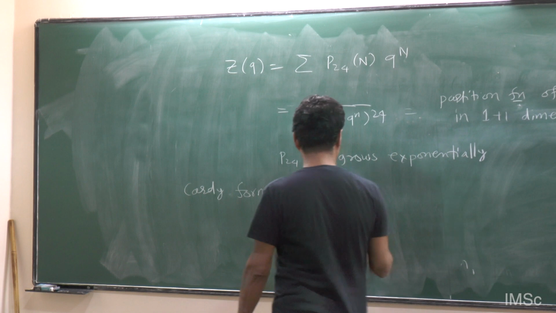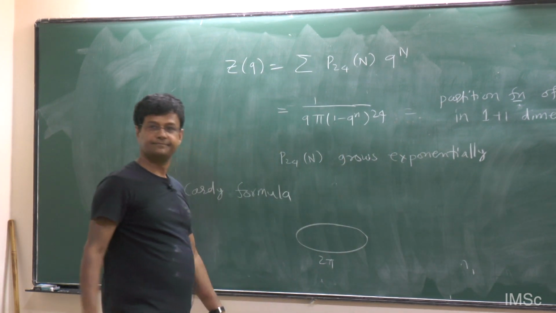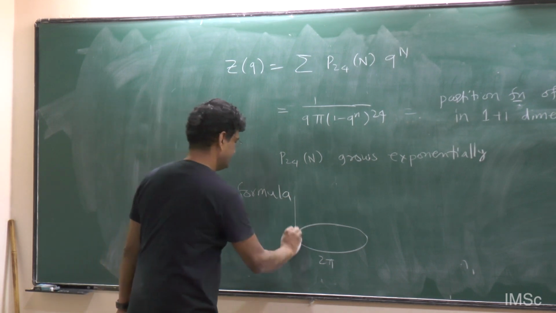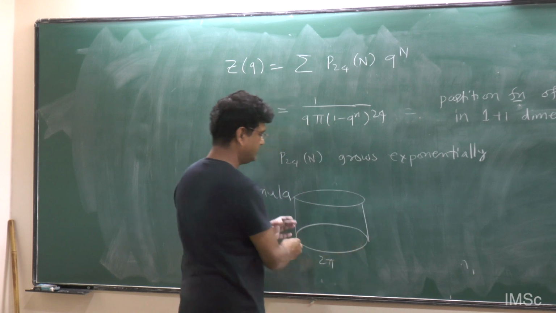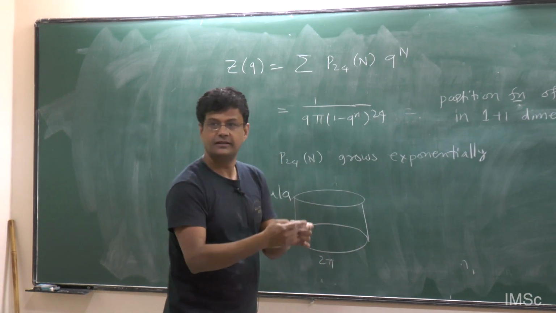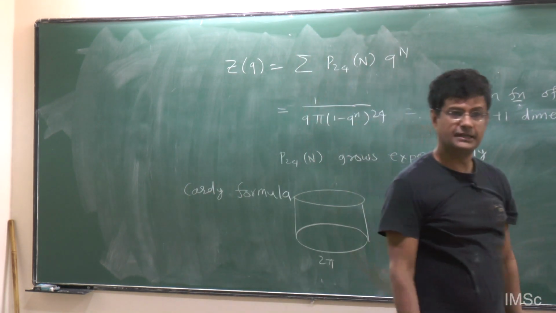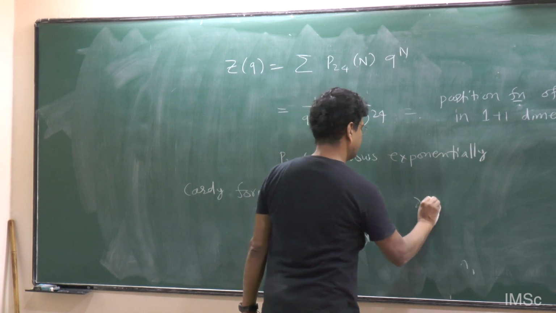So basically, if you take a boson moving on a circle of radius 2 pi, the chiral part, your space is just a circle and time is going like this, like a cylinder. Then if you look at the action, the boson will be just del phi squared.